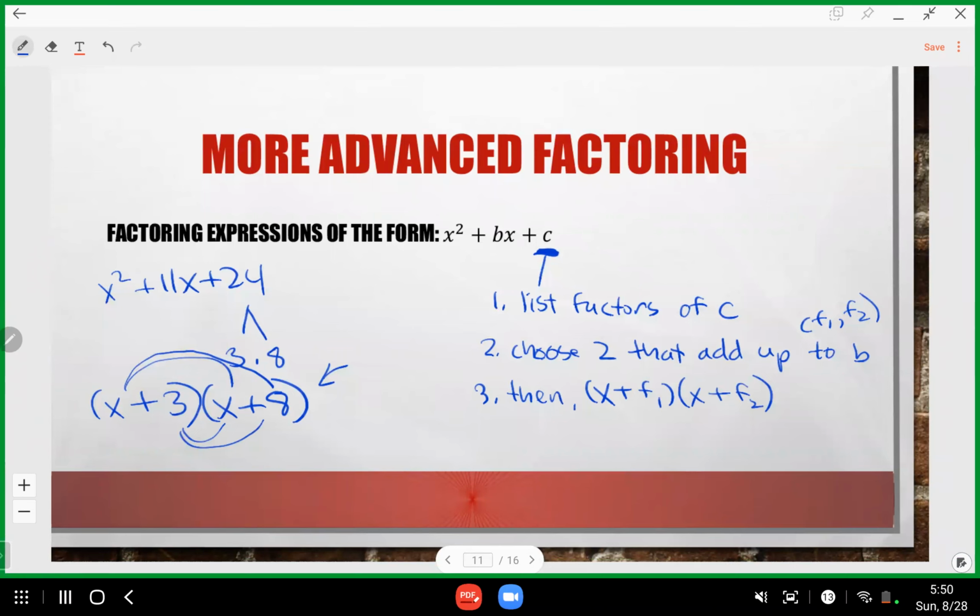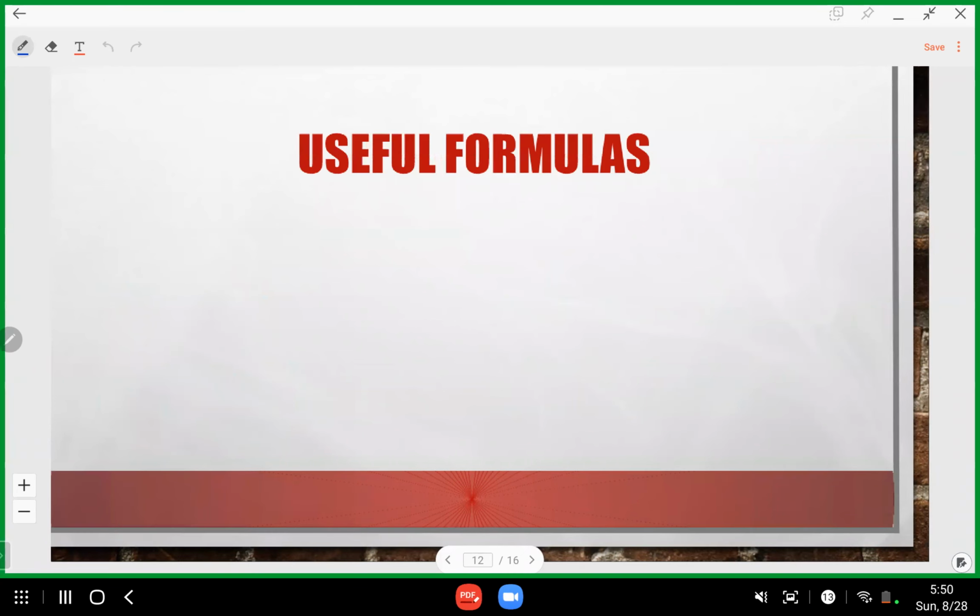But if it's 1 times x squared, then all you need to do is come up with two factors that add up to b and multiply to c. Then it's x plus f1 times x plus f2. Oh, okay. It's always this way if it's x squared. However, you cannot do this with 2x squared or 3x squared. Only when it's just x squared.